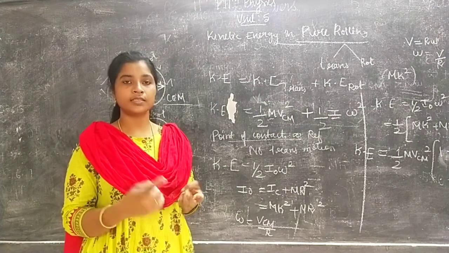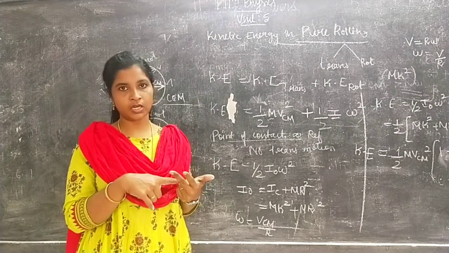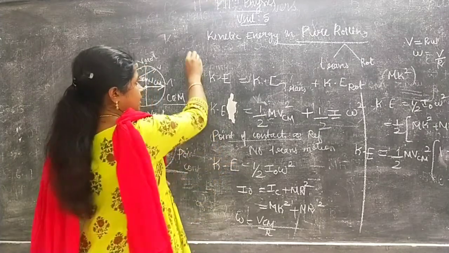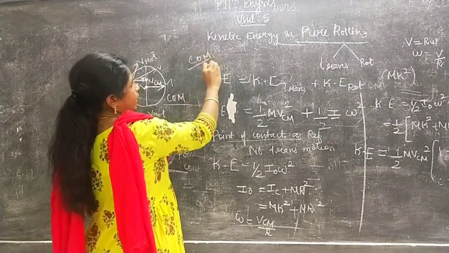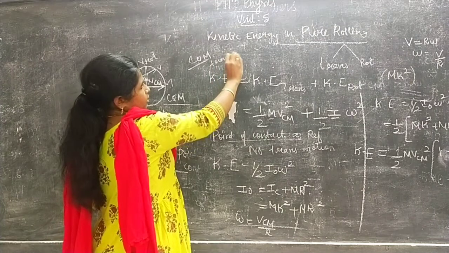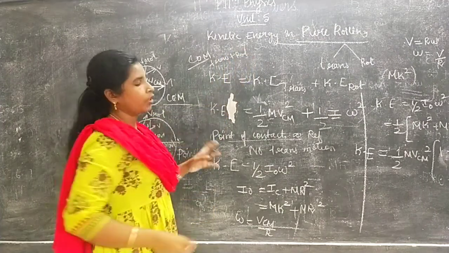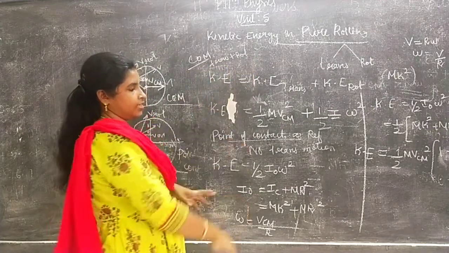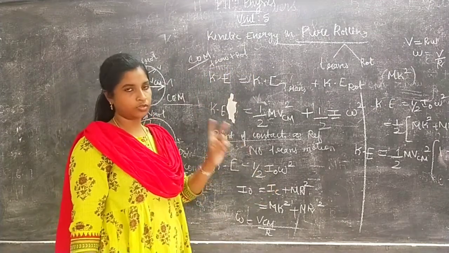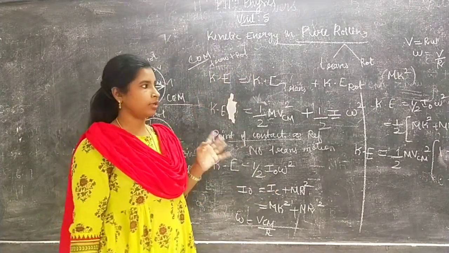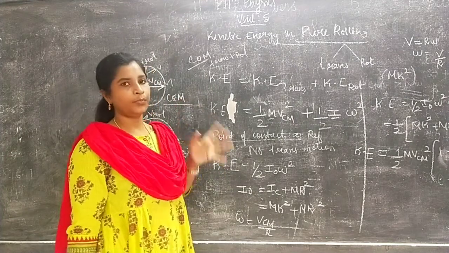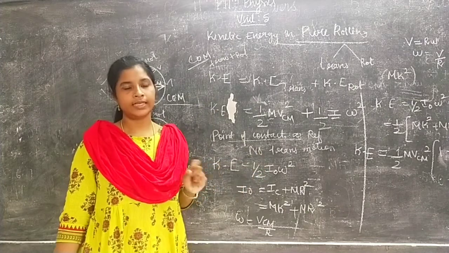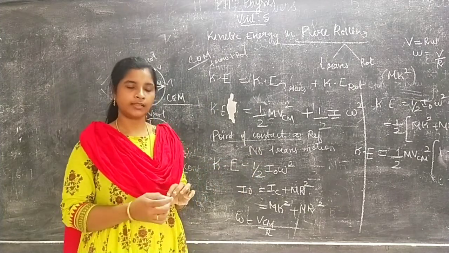Either we consider translational and rotational motion with the center of mass as reference, where both translational and rotational motion appear, or, when we consider the point of contact as reference, there will be only rotation. So in two ways we can calculate the kinetic energy in pure rolling. Hope you could understand how to calculate the kinetic energy in pure rolling, and thank you for watching.